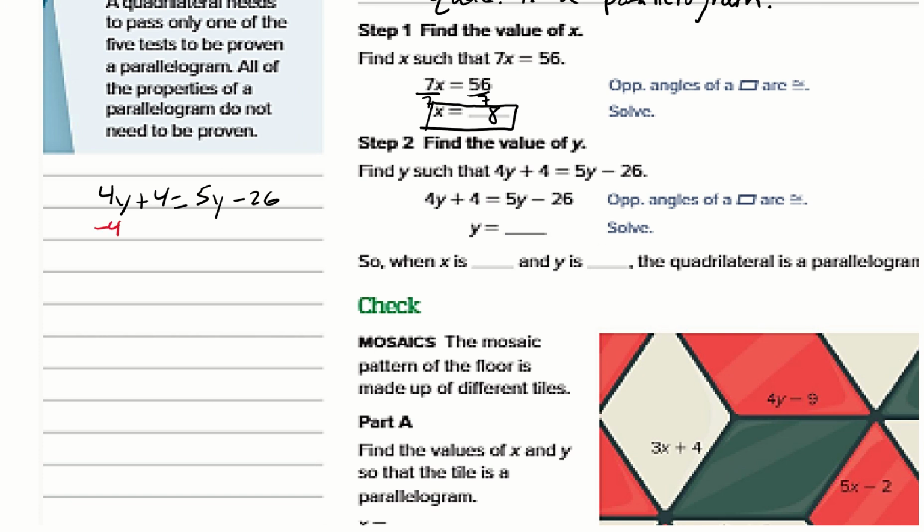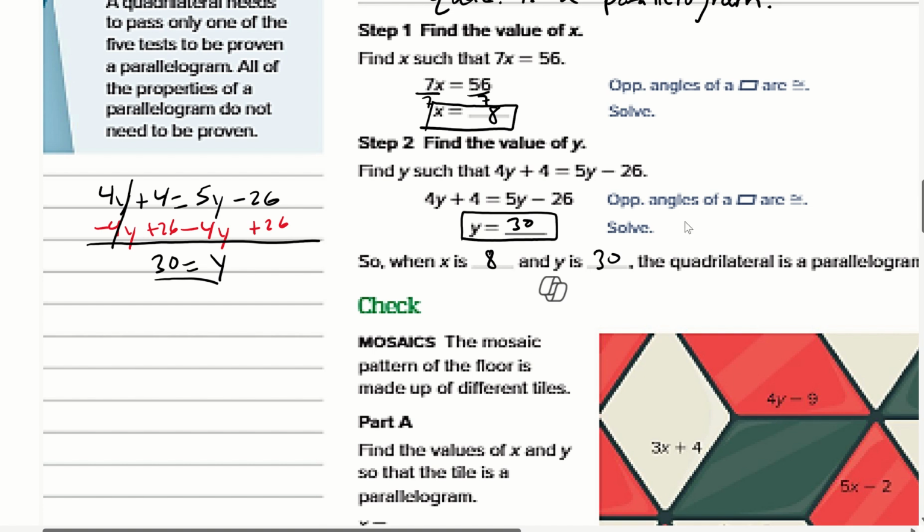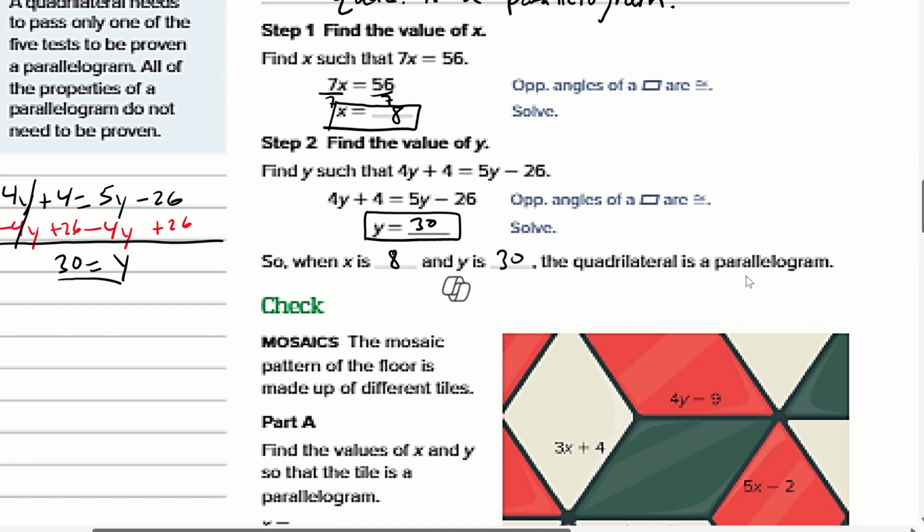Okay, so we need to subtract 4y on both sides and then add 26 to both sides. So this cancels. We get 30 is equal to y. So when x is equal to 8 and y is 30, then the quadrilateral becomes a parallelogram.